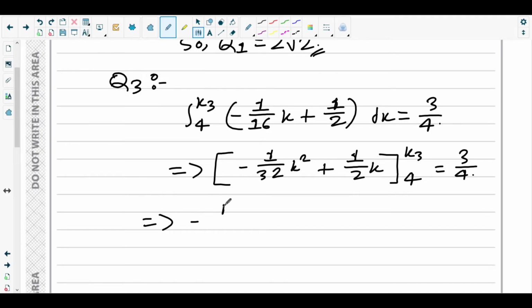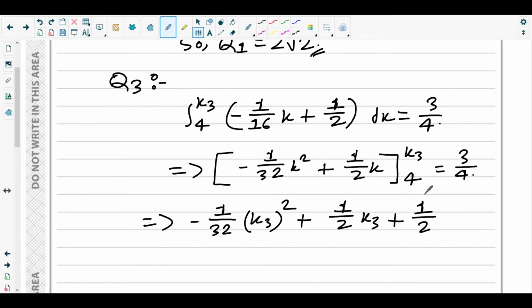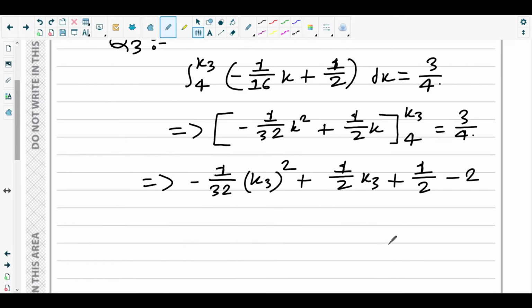You will get -1/32 x3 whole squared plus half of x3, plus what? 4 squared is 16. 16/32, it is half. The lower limit is 4, and then minus 4/2, which is 2.